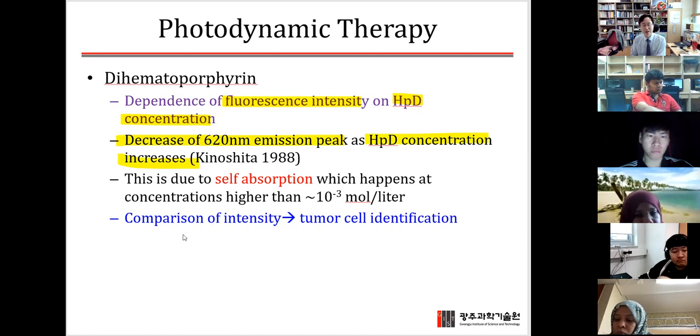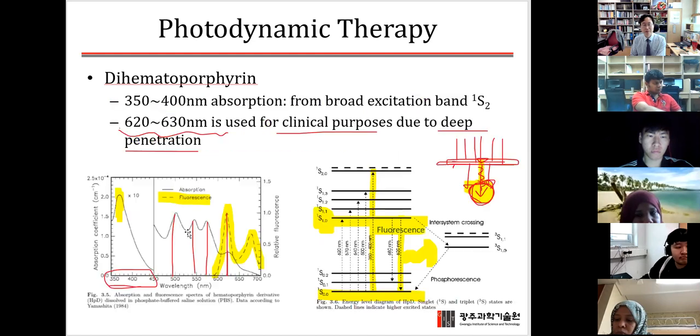So they wondered, oh, that's interesting. Why is that? And then they realized that at 620 nanometers, this wavelength also has an absorption peak. So it generates a fluorescence signal, but it also has an absorption peak shown here.